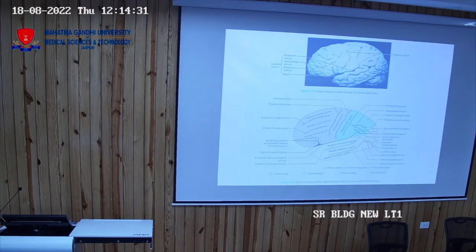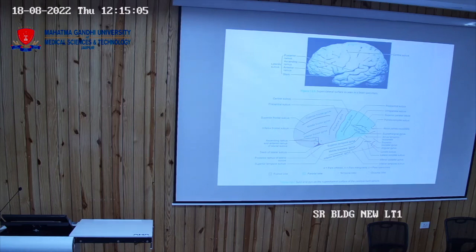So, these two sulci are very important. One is the central sulcus that we have talked about, and second is the lateral sulcus. The lateral sulcus, which begins on the inferior surface of the cerebral hemisphere, comes onto the superolateral surface, and there it divides into 3 rami: the anterior ramus A, ascending ramus B, and the posterior ramus of the lateral sulcus.